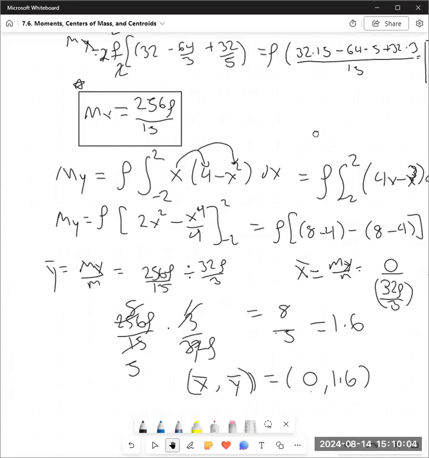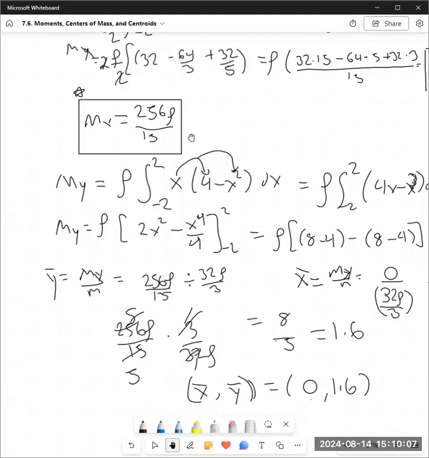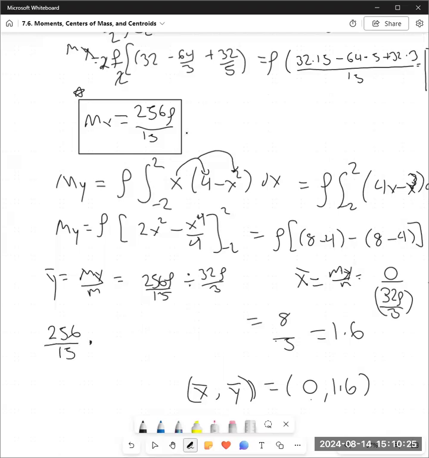My y bar comes from my m sub x that I just found, 256 rho over 15 divided by 32 rho over 3. So the rhos are going to cancel out. This is 256 over 15 times 3 over 32. 3 over 15 is 1/5. 256 divided by 32 is 8.